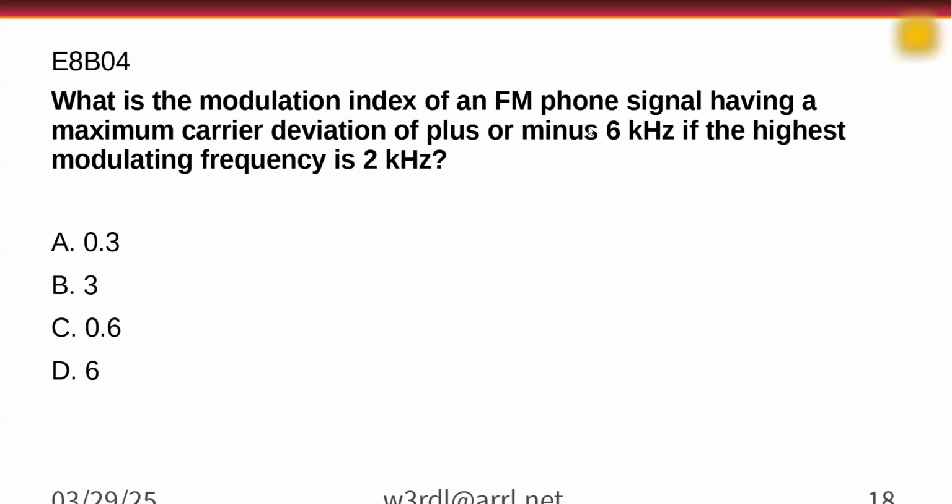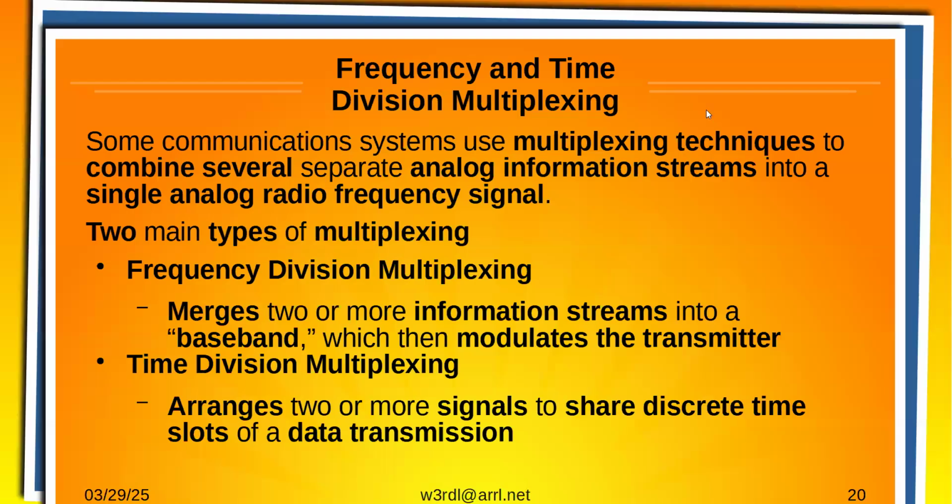What's the modulation index of an FM phone signal having a maximum carrier deviation of plus or minus 6 kilohertz if the highest modulating frequency is 2 kilohertz? There was 2 of those, so odds are twice as good you get one.